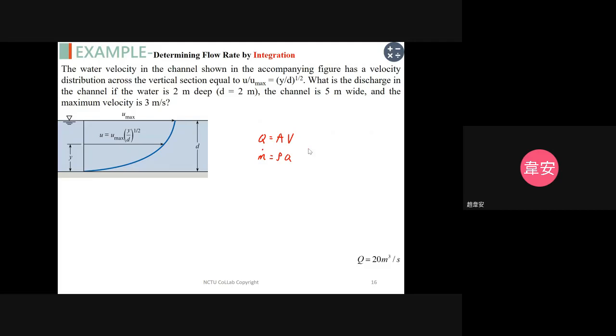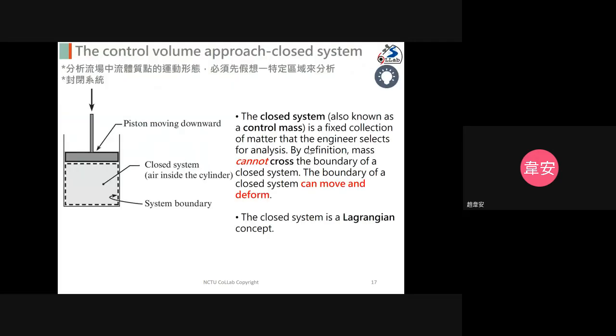Okay, so in this class, we move to the next topic. First, we introduce two methods.